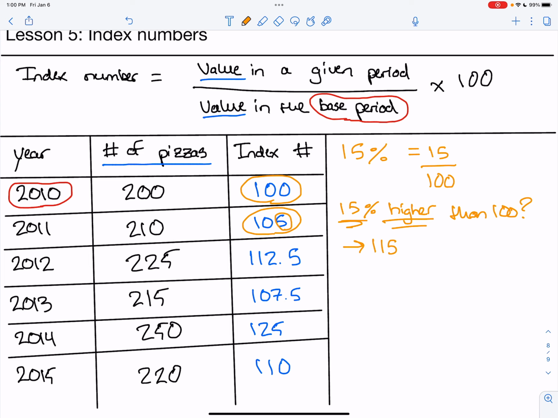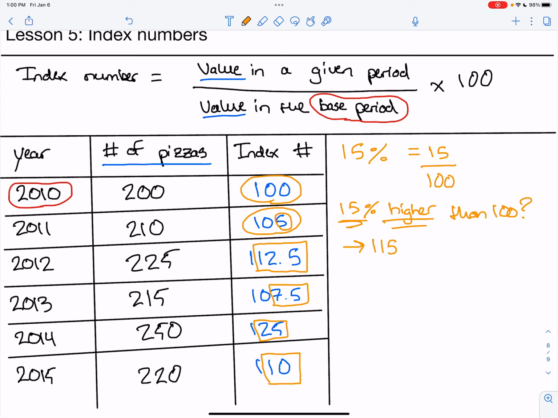Okay, same thing for 2012. By how much did pizza production increase from 2010 to 2012? By 12.5%. In 2013, the answer is by 7.5%. In 2014, it's by 25%, and in 2015, it's by 10%.